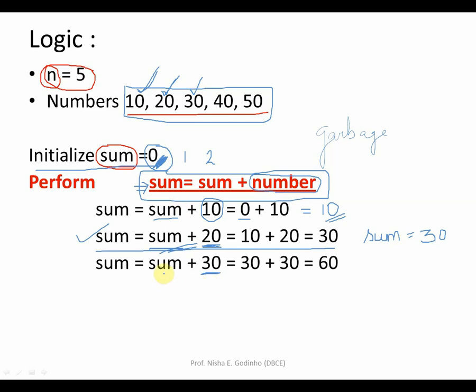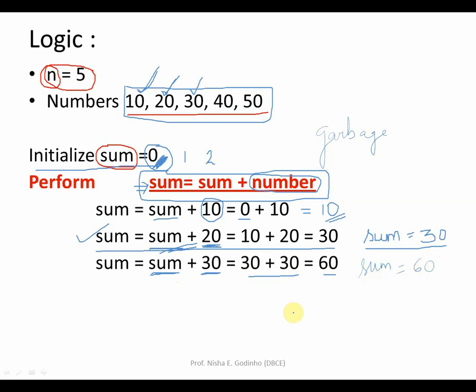And the sum value you have to get from the previous step. So sum was 30 in the previous step. Hence it will be 30 plus 30, which is 60. So it will be sum equal to 60 at this step.